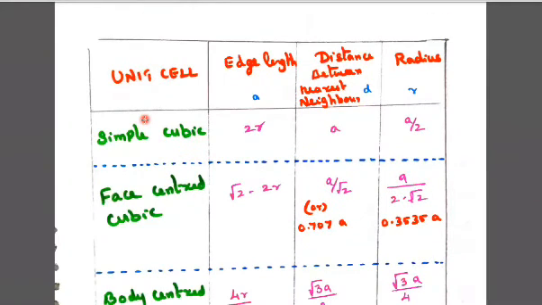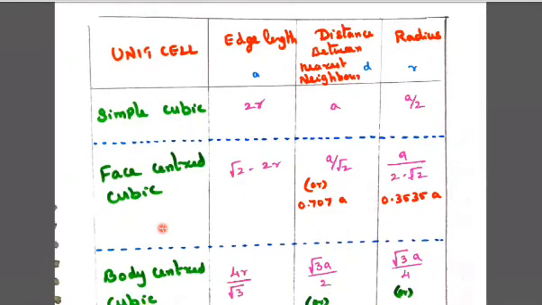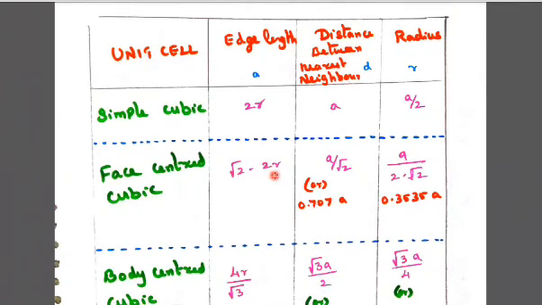Here we have simple cubic, face-centered cubic, and body-centered cubic: the edge length, the distance between the nearest neighbor atoms, and the radius of the atom. For simple cubic, the edge length is 2r, the d value is equal to a, and the r value is a by 2. For face-centered cubic, the edge length is root 2 into 2r, the distance between the two neighboring atoms is a by root 2, and r I can write as a into 1 by root 2, value 0.707a.